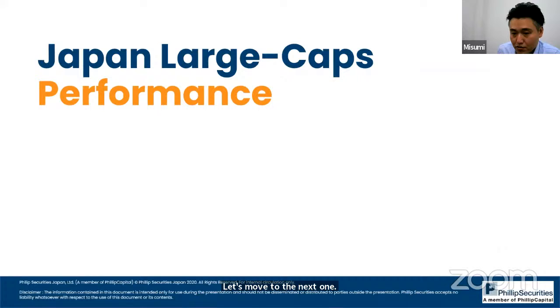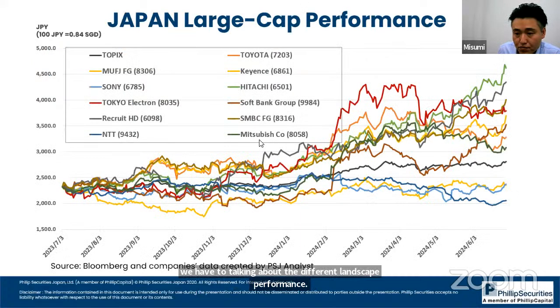Oh, sorry. So we are talking about the Japan large cap performance. I chose the 12 largest stocks from the TOPIX composition. This is the TOPIX performance, the gray one, and the red one is Tokyo Electron.